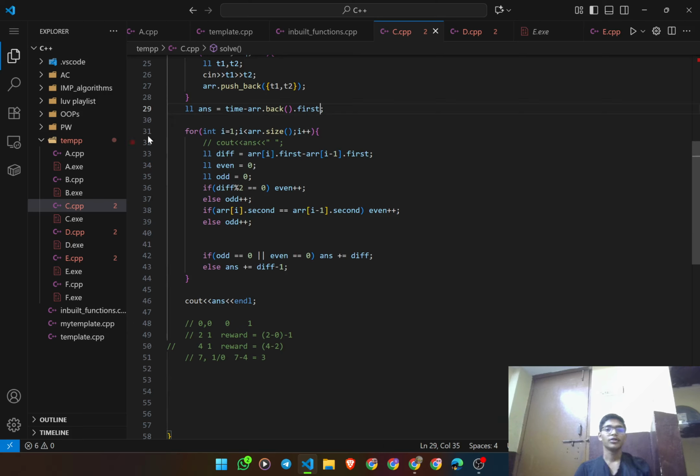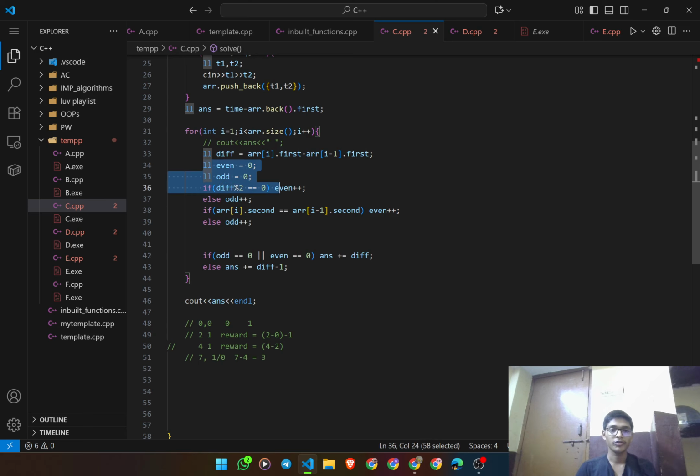Now time is given, the total minutes for which we have to run. Again we will start from 1 and subtract the initial index, so we will subtract 0 from 2.